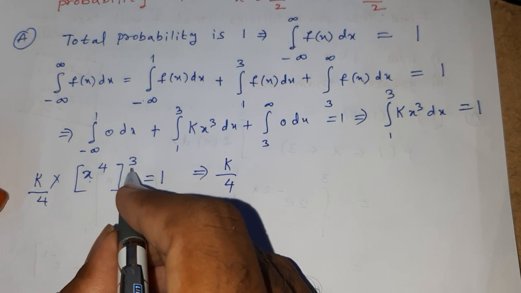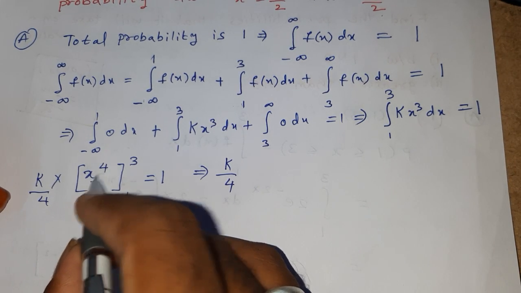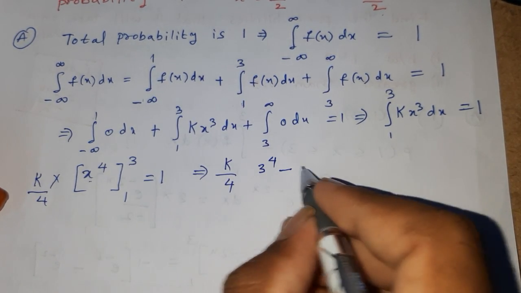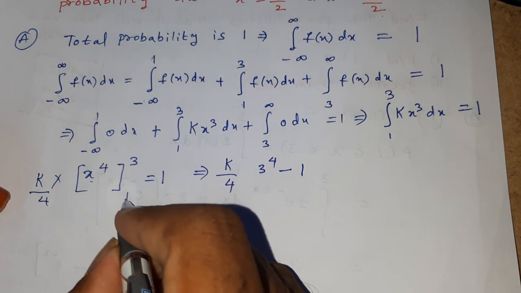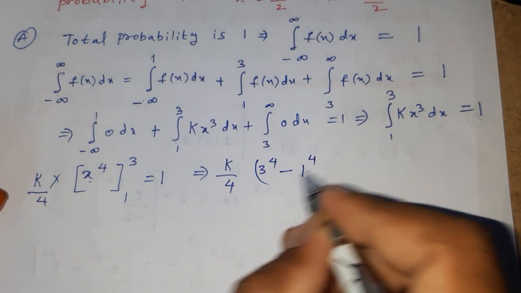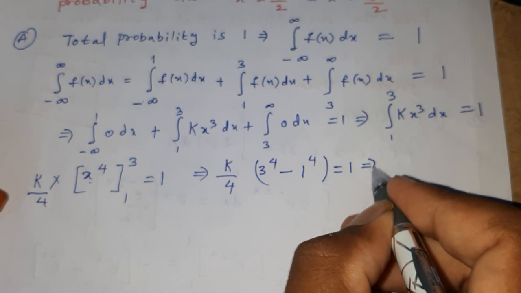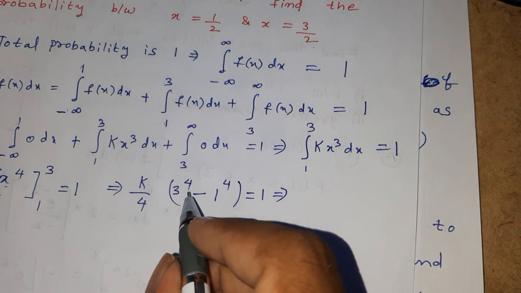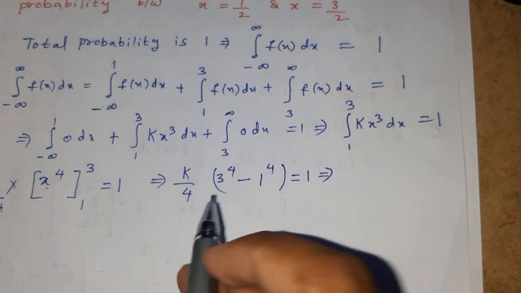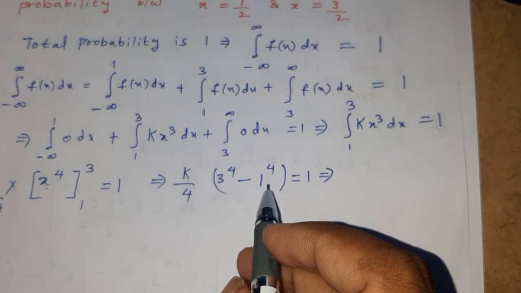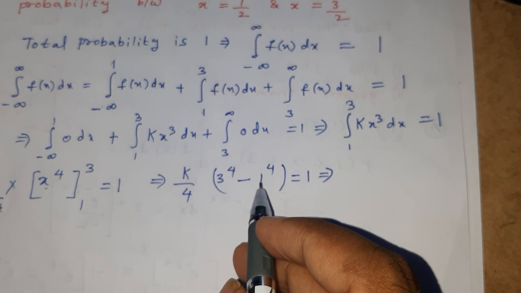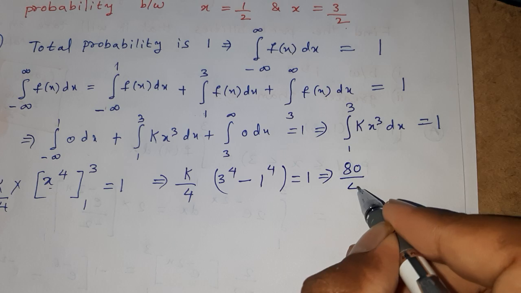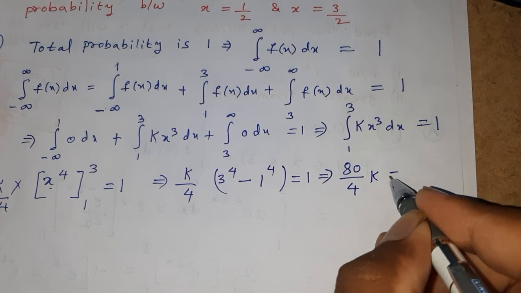If we replace x with upper limit 3, we get 3 power of 4, minus 1 power of 4, which implies that 3 power of 4 means 3 into 3 is 9, 9 into 3 is 27, 27 into 3 is 81, minus 1 power of 4 is 1, 81 minus 1 is 80, 80 by 4 into k is equal to 1.